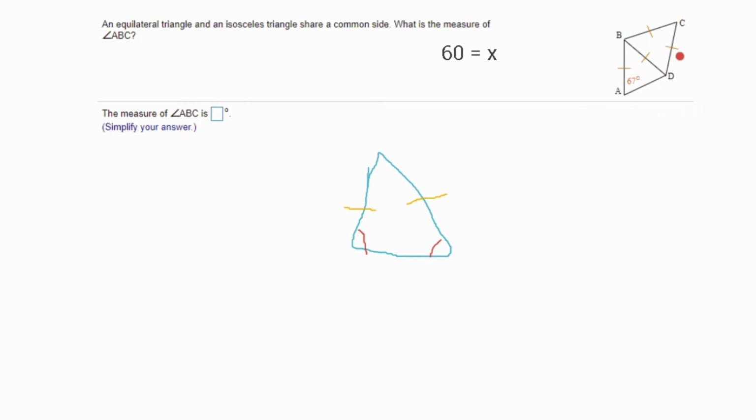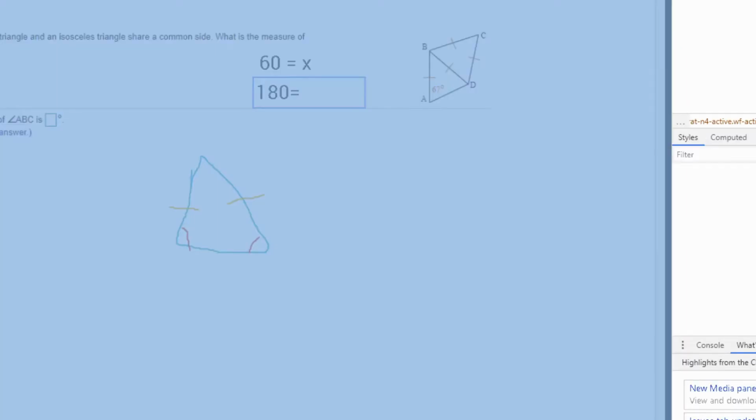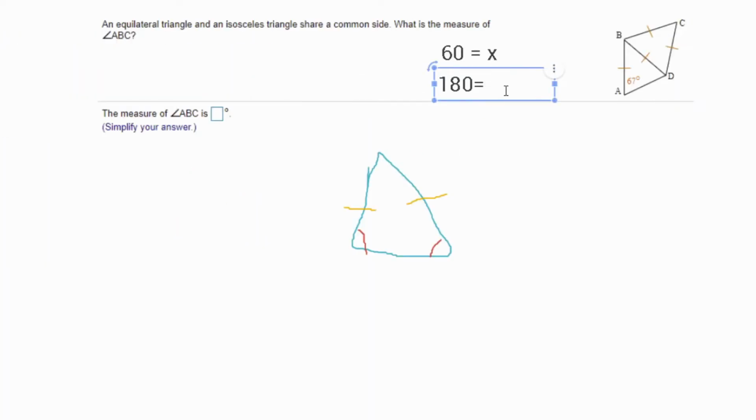So this is 67. And so we can solve for this angle B on this isosceles triangle by doing 180 minus 2 times 67. So 180 minus this angle right here and this angle to solve for this angle, because there's 180 degrees in a triangle.